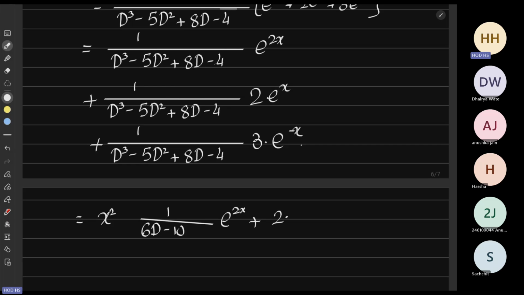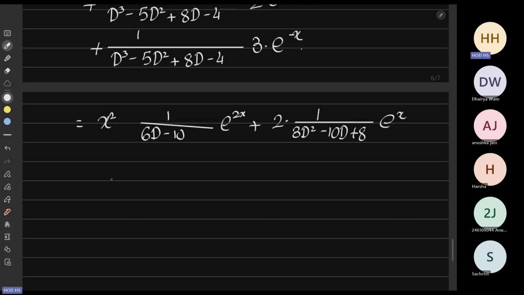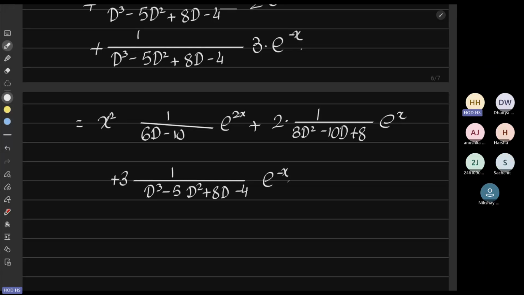It's a constant. So 1 upon 3D square minus 10D plus 8 of e to the power x. And finally, since minus 1 is never a root, we can rewrite the same thing as it is. So D cube minus 5D square plus 8D minus 4, into e to the power minus x.